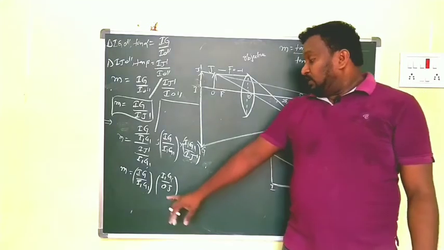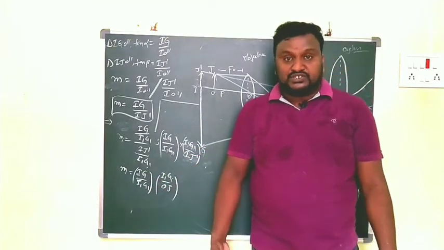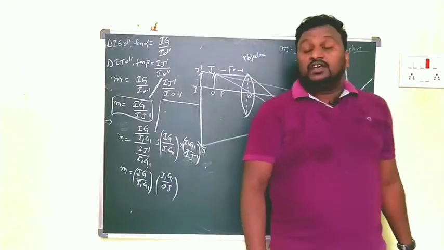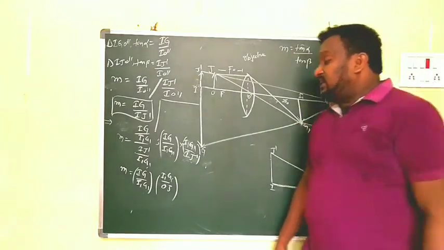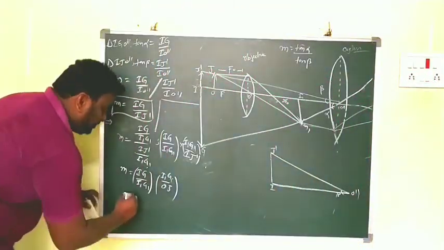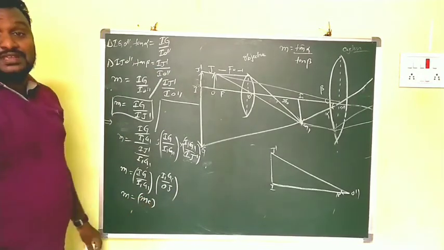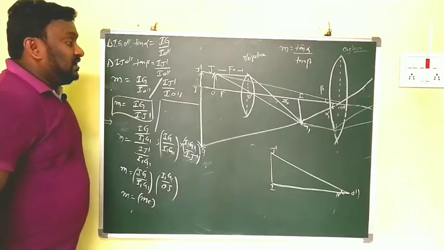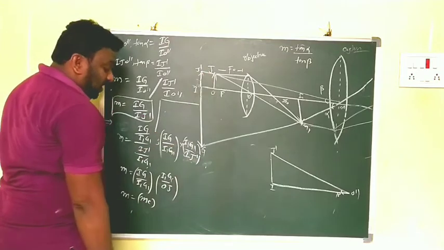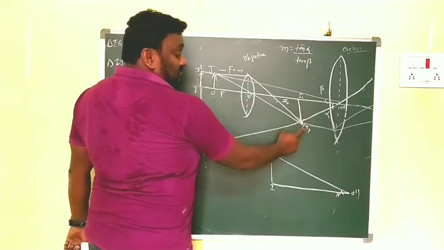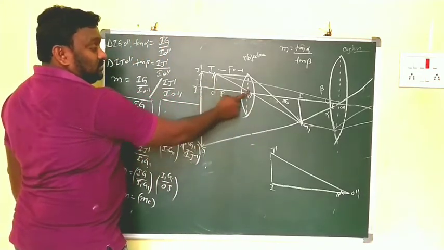Clear, children? Now here the size of the image by the size of the object is nothing but magnification. I Z is the image of the eye lens, I1 Z1 is the object of the eye lens. That's why this is called M E. I1 Z1 is the image of the object lens and O J is the object: size of the image of the object lens by size of the object of the object lens.